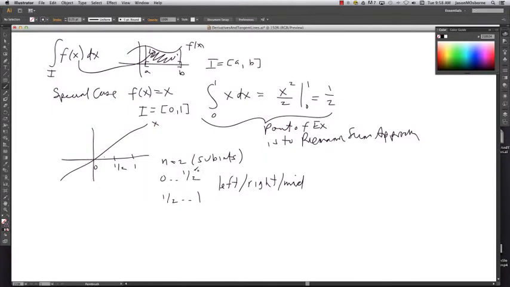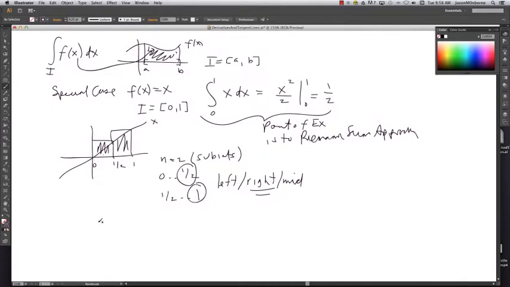In this case, let's just choose the right endpoints. You have a choice. And so you evaluate your function at the right endpoints, and here you have the area of those rectangles. So the Riemann sum approach says that the area under this function f on the interval I is approximated by the function evaluated at a half times 1/2, plus the function evaluated at 1 times 1/2.